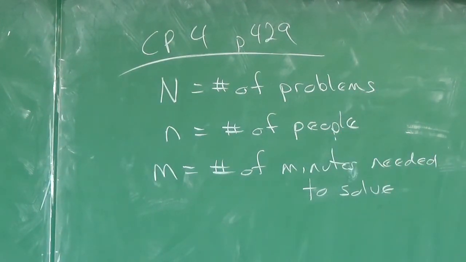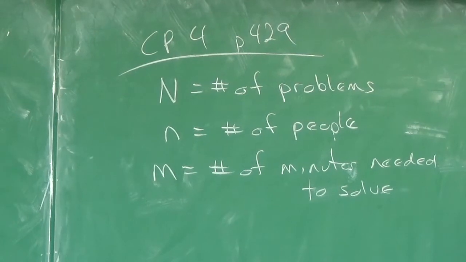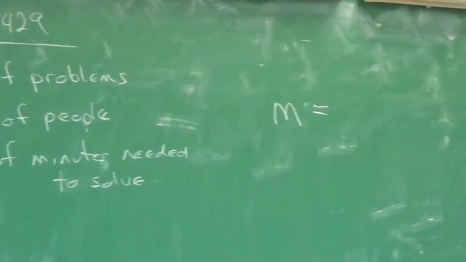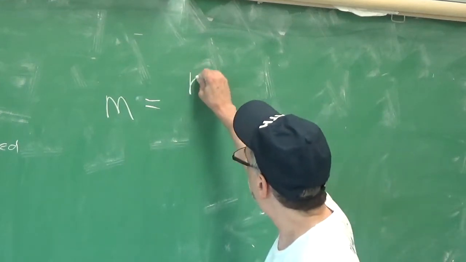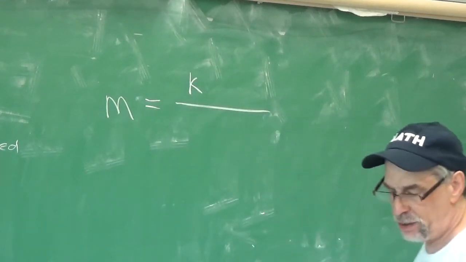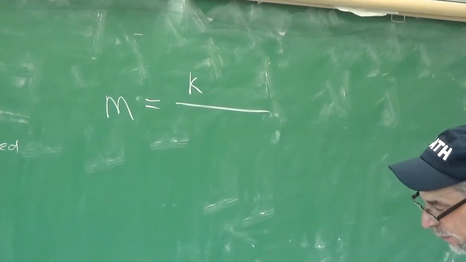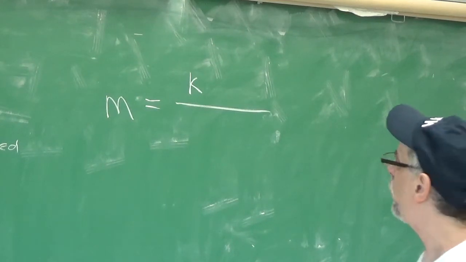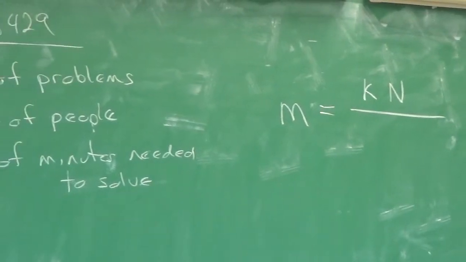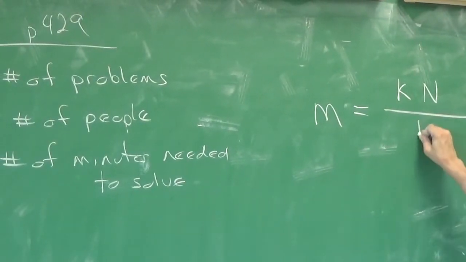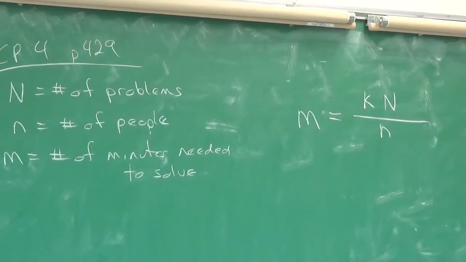It says the number of minutes varies directly, so K, remember, is always in the numerator. So put K in the numerator to begin with. Varies directly as the number of problems, so that goes in the numerator. And inversely as the number of people, so that goes in the denominator.